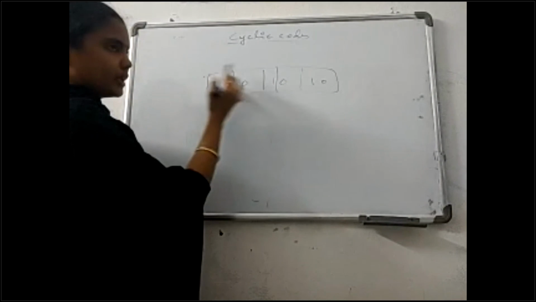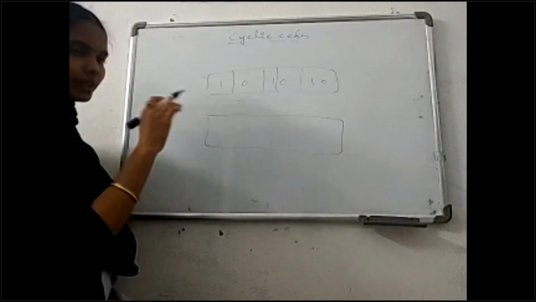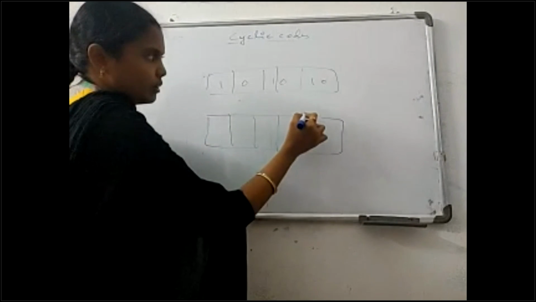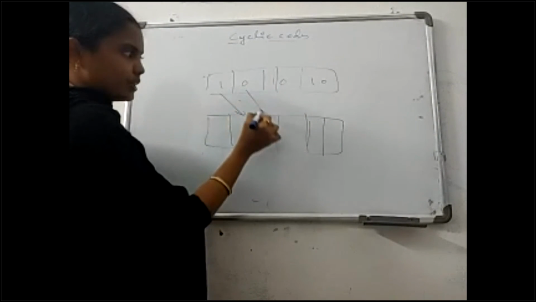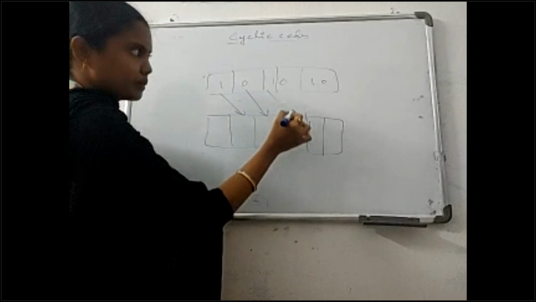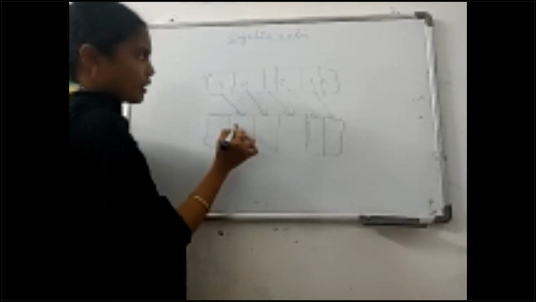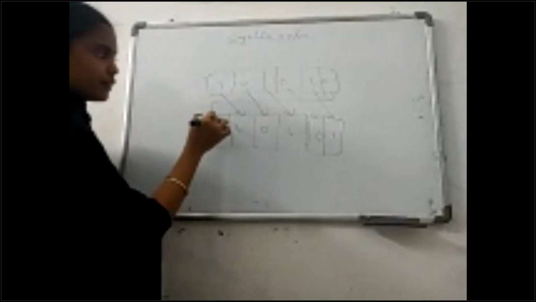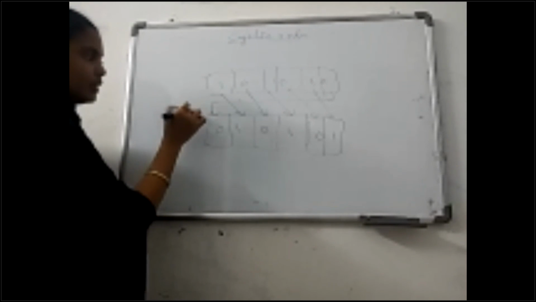If you apply a circular right shift, the bits are circularly shifted to the right. This bit is shifted to here, and this bit is shifted to here. So this is a circular right shift.